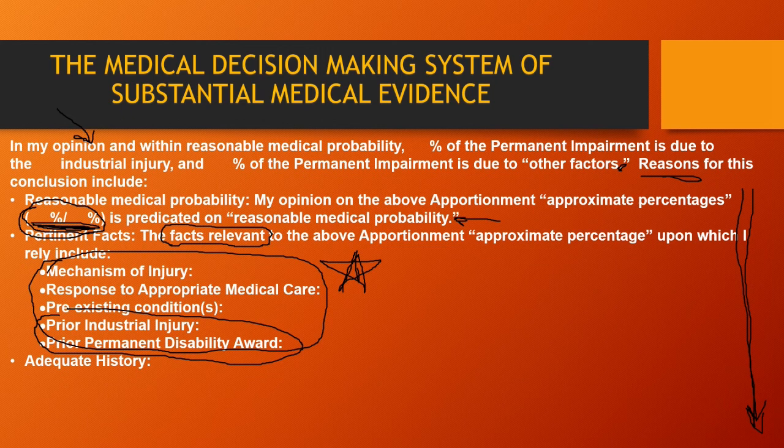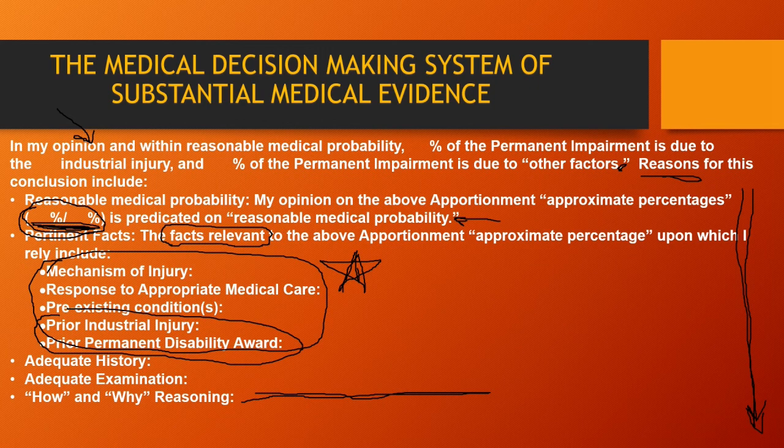My opinion on the approximate percentages is based on an adequate history. It's based on an adequate examination. It provides how and why reasoning, and let me explain to you how and why I came up with these approximate percentages. And here you give us how it was that you arrived at your percentages of, say, 70-30 versus 80-20.